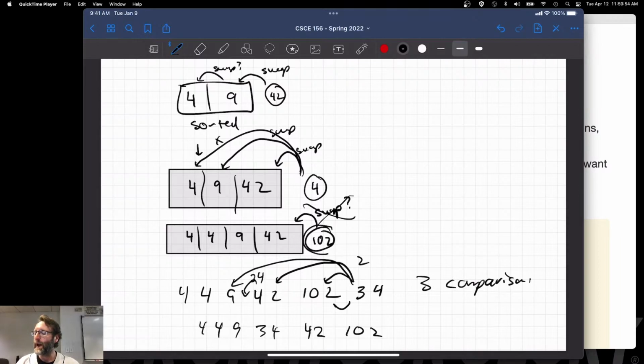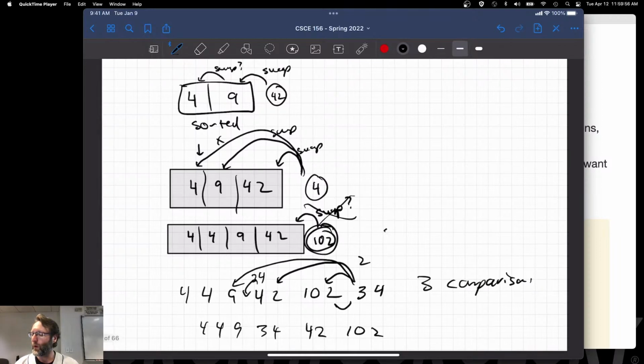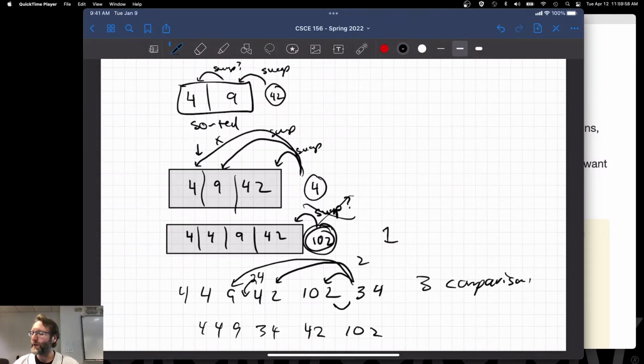How many comparisons did I have to do for 102? 1. How many comparisons did I have to do here for 4? 3, right? 1, 2, 3. How many did I have to do for 42? 1, and then, was it, nope, sorry, just 1, right? Why did I have to swap that? I don't think I did swap it. Oh, that's right. I erased it. No, that's why, right?